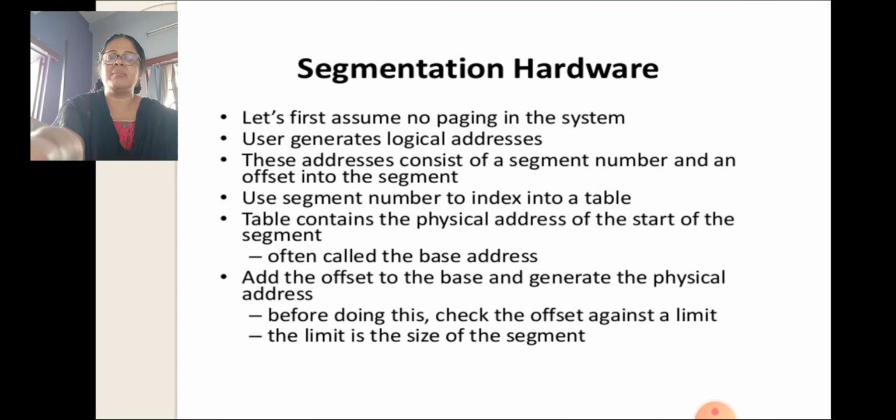Use the segment number to index into a table. The table contains the physical address of the start of the segment, often called the base address, and the offset is added to the base, which generates the physical address.